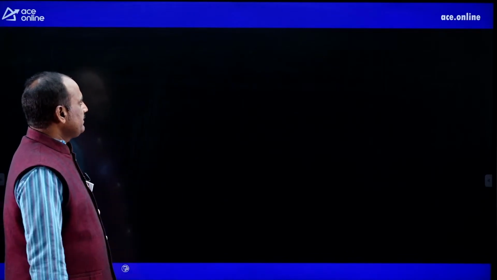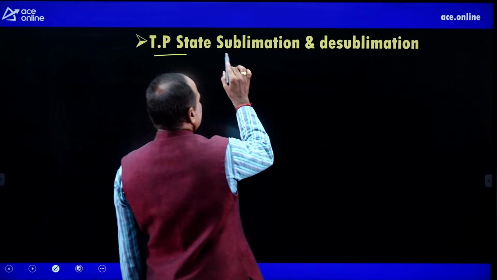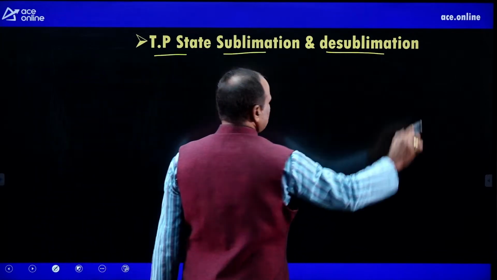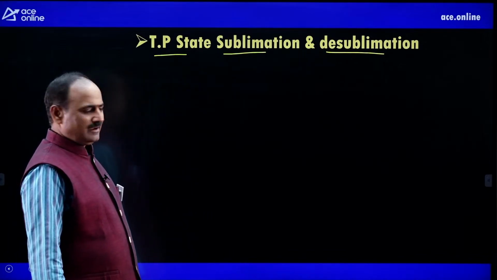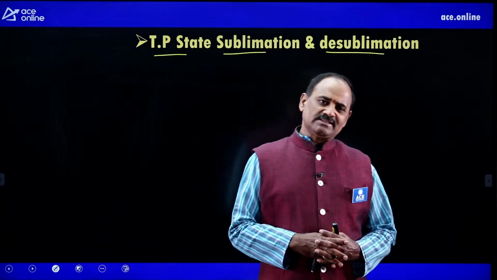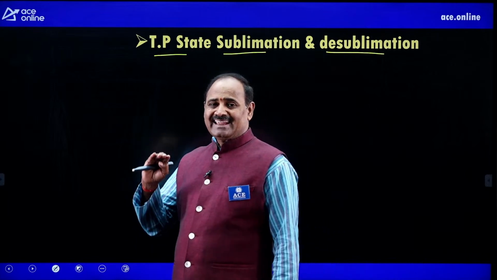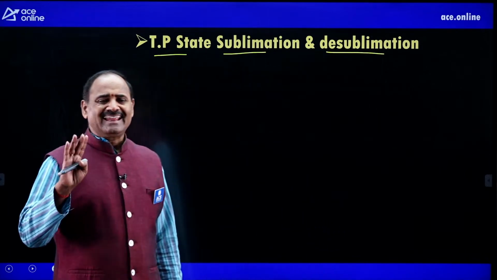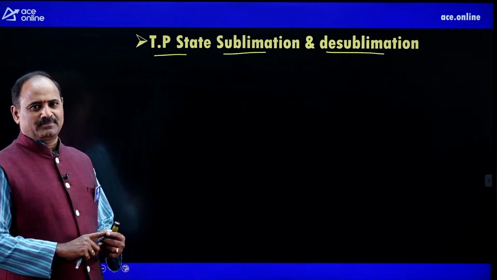Similarly, look at another important concept: triple point state, sublimation and desublimation. Triple point state means the state at which the three phases of the same material can coexist under equilibrium state is called triple point state.